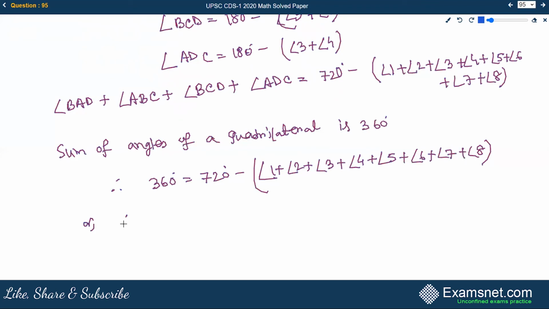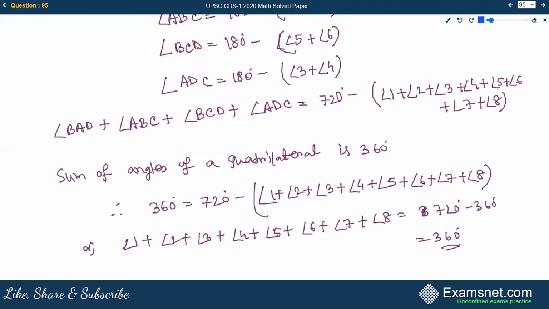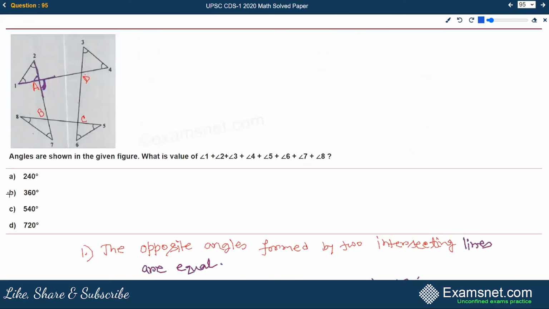Therefore angle 1 plus angle 2, angle 3, angle 4, 5, 6, 7, 8. So 720 degree minus 360 degree, we will get another 360 degree. So sum of all these angles is 360 degree. Here option B is the correct answer.